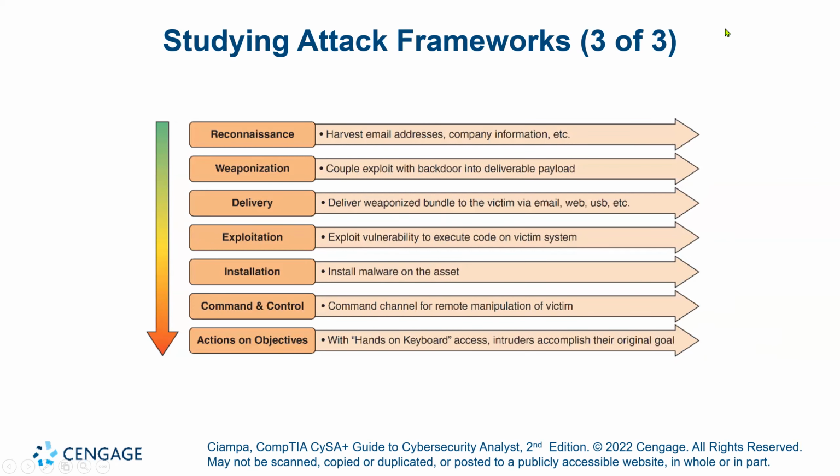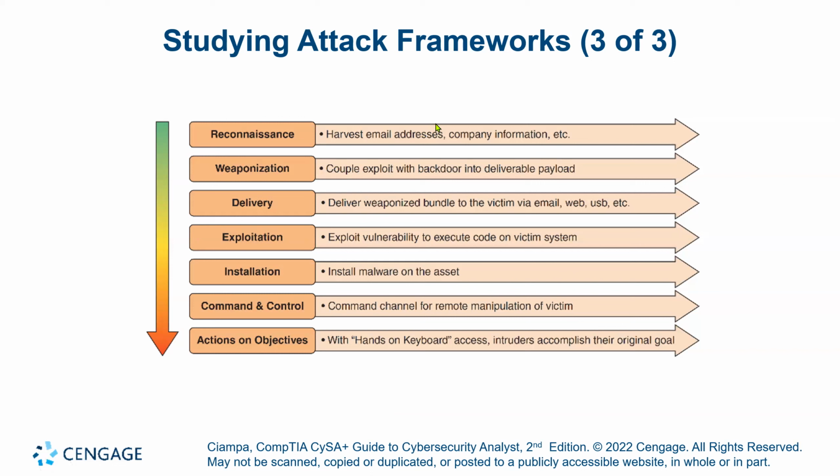Okay. So this is another one of the frameworks. This is reconnaissance, weaponize, deliver, exploit, install, command and control, actions on objectives. So reconnaissance for this one: harvest email addresses, company information, etc. Weaponize: couple an exploit with a backdoor into a deliverable payload.